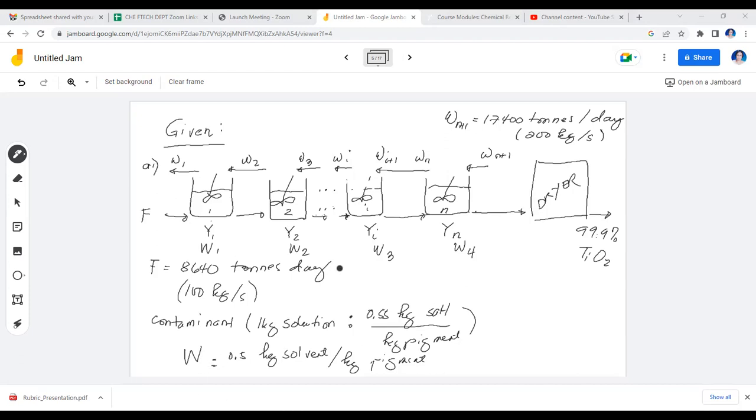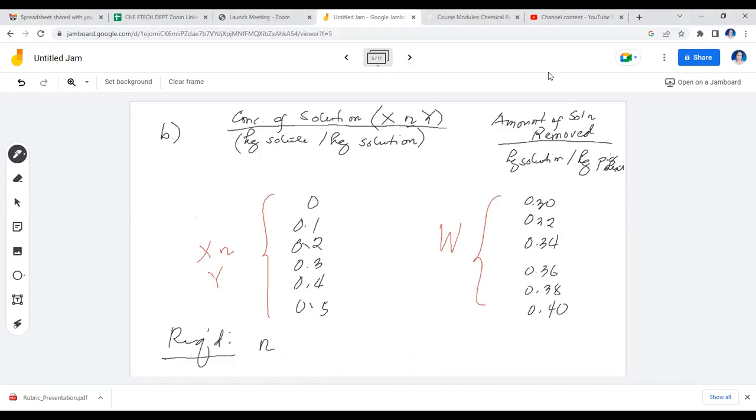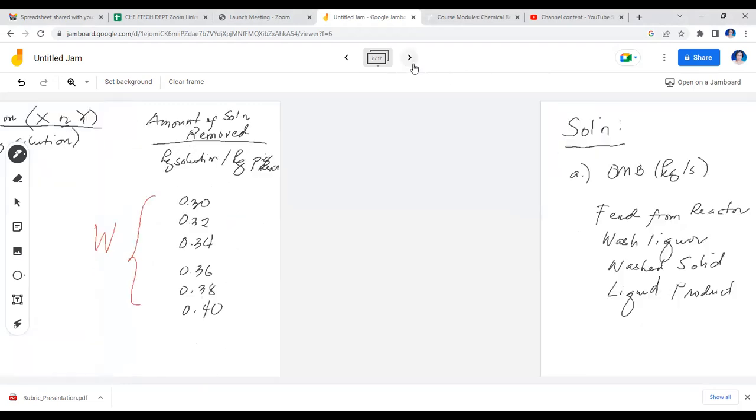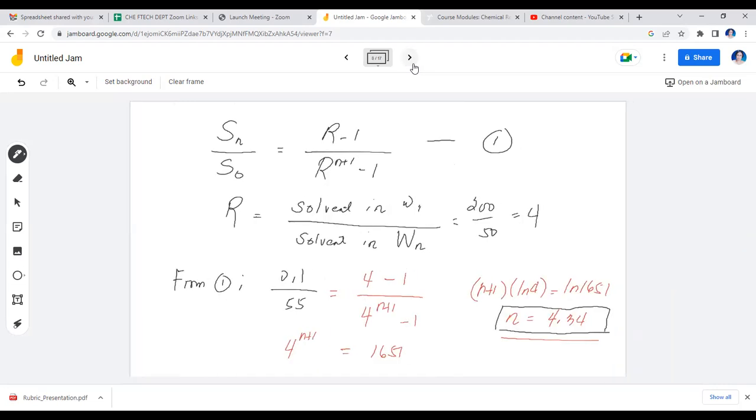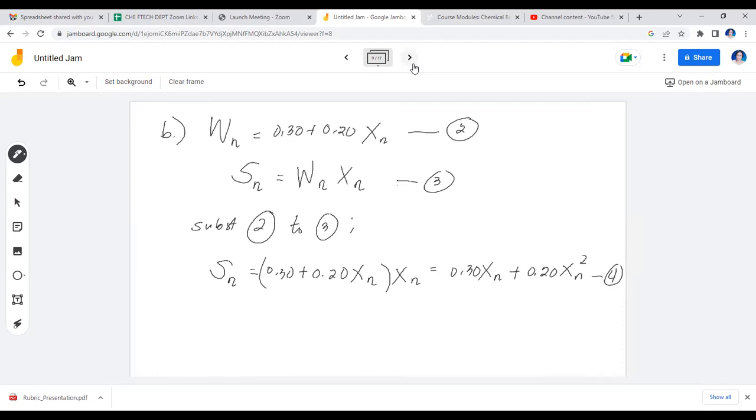So anyway, if you'd like to take a screenshot, you can take the screenshot of this now. Page 2. Page 3. 4. 5.